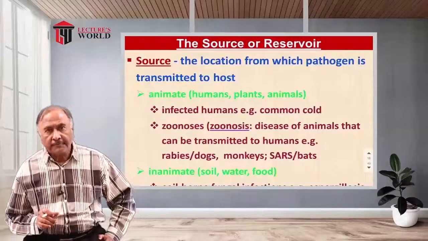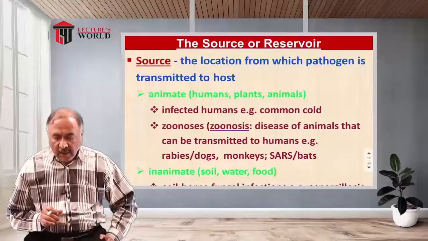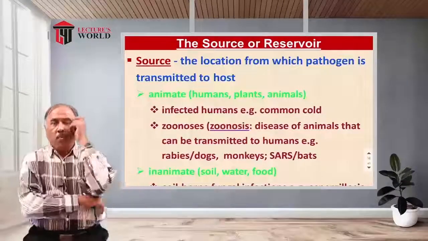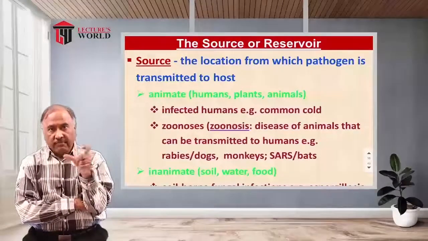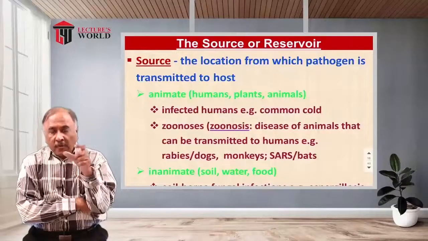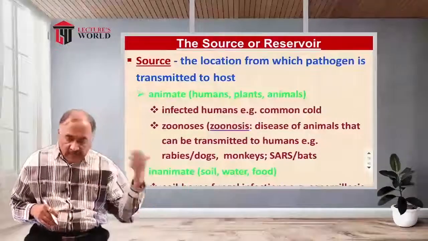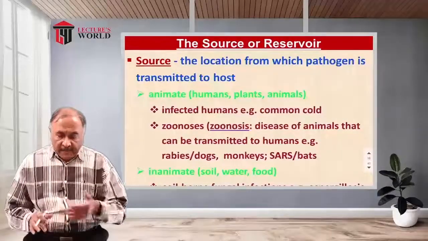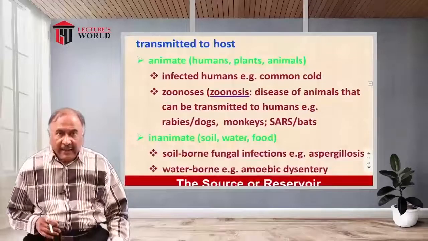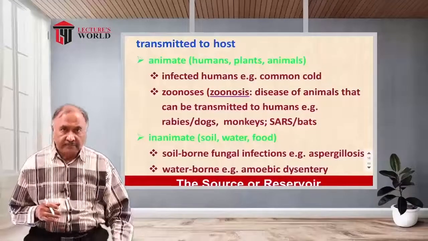What is source? Source means the location from where the pathogen is transmitted to the host. It is a location, remember, from where the pathogen is transmitted to the host. This source can either be animate or it can be inanimate.